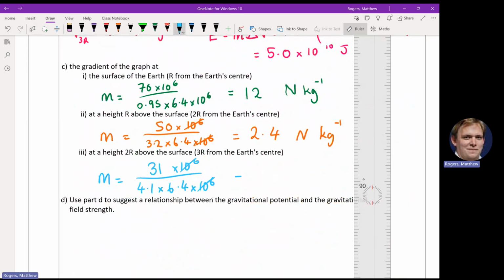And then again, let's do that to make our life easier. So we've got 31 divided by 4.1 times 6.4, which is 1.2 newtons per kilogram.